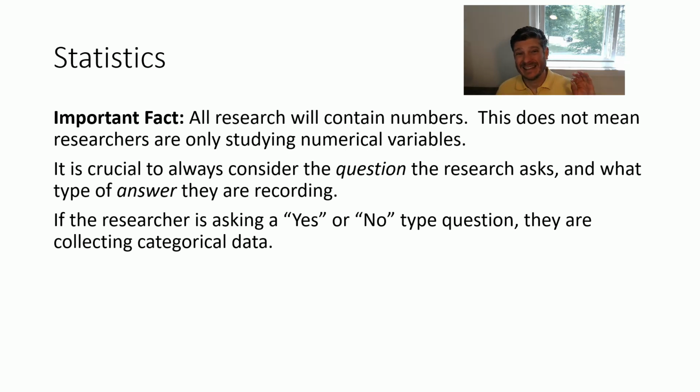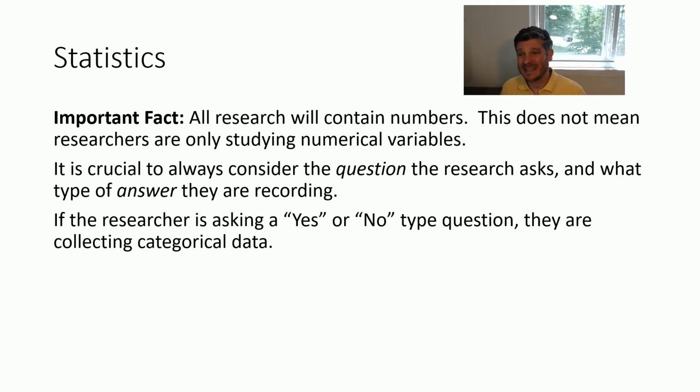Like I said, it is crucial that you consider what the researcher, the person who's asking the question, is writing down. Are they writing down a numerical variable, or are they writing down a categorical one? It's always the question that the researcher asks and what type of answer they record. So if a researcher is asking a yes or no type question, well, yes or no is certainly not a numerical answer.